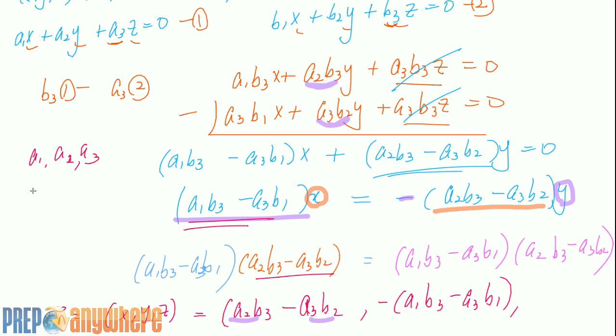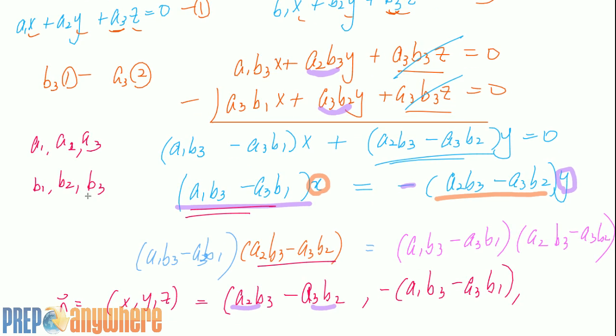And the vector b was b1, b2, b3. So the first coordinate is a2 b3 subtract by a3 b2. So it's a cross multiplication of these four things.